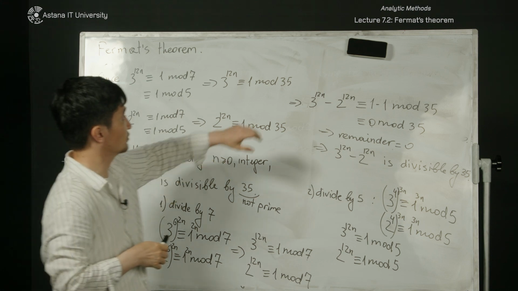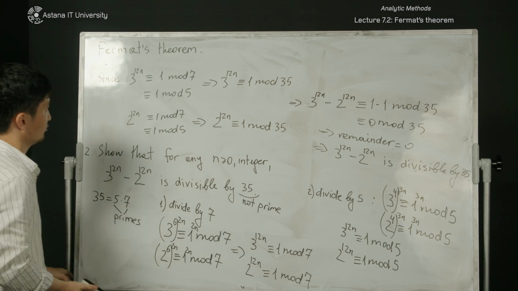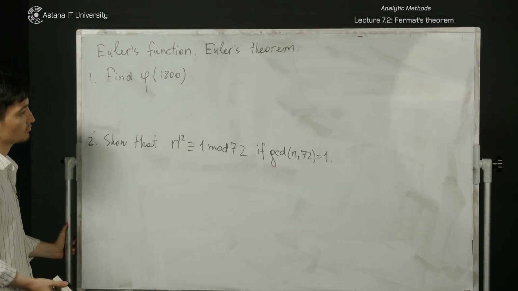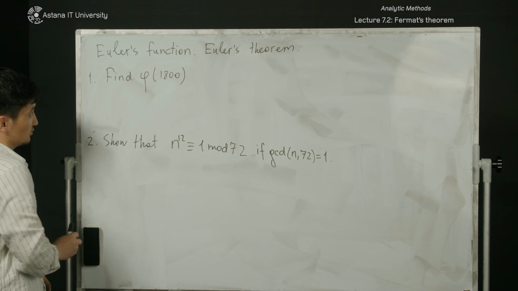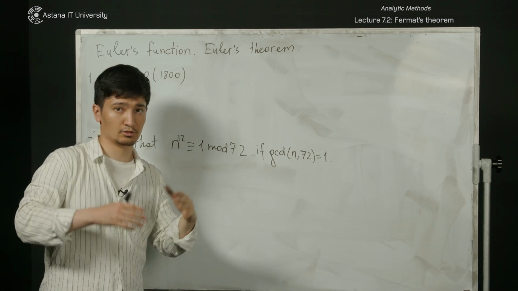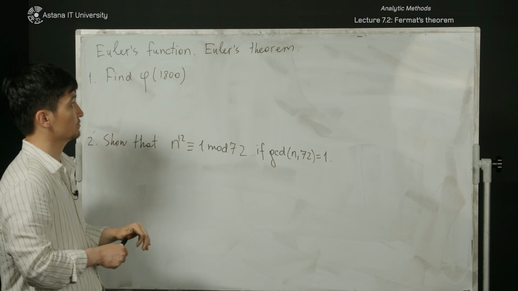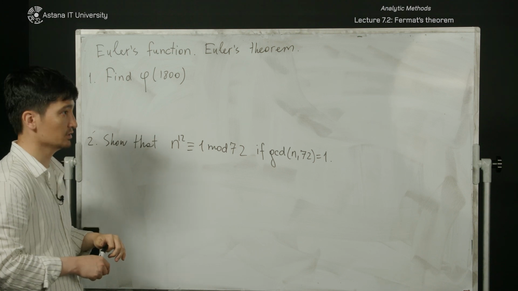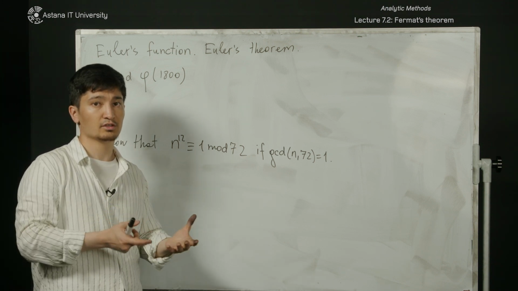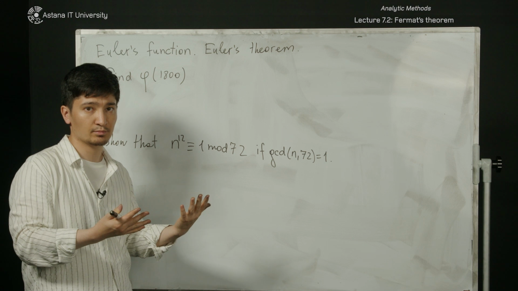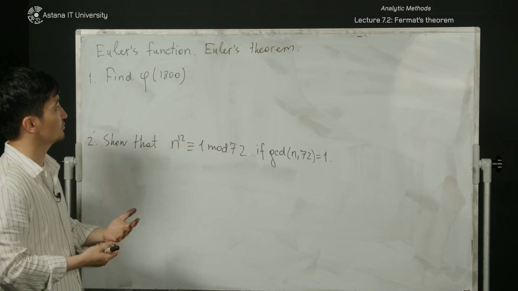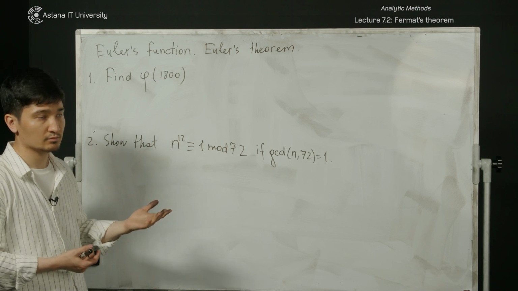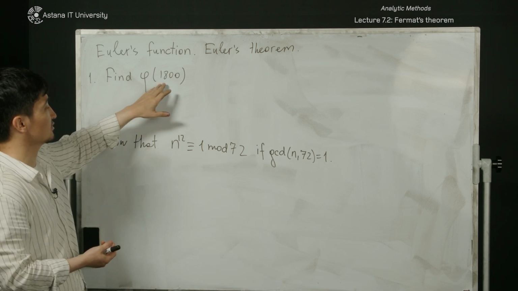Okay, let's move to the next one, Euler's function and Euler's theorem. Now you have the definition in your slides for Euler's function and for Euler's theorem as well. So the basic meaning of Euler's function is the number of integer values that are relatively prime with this number inside, which is, in this case, let's consider 1800.